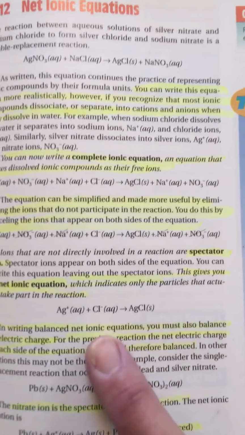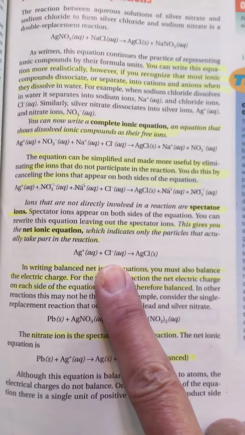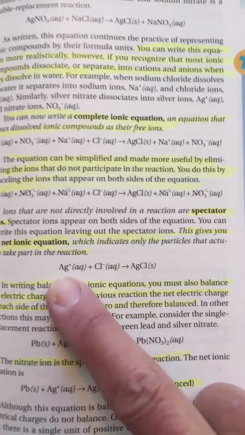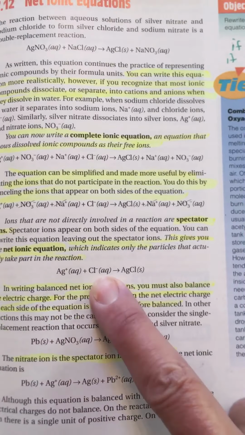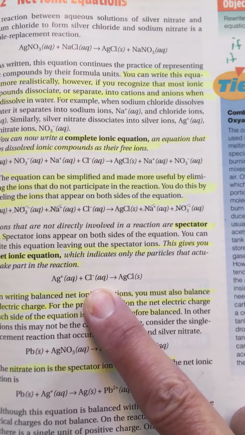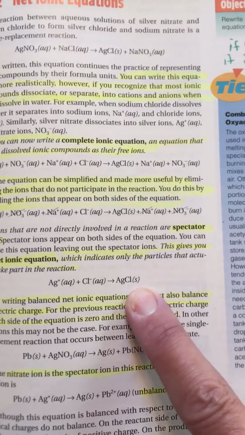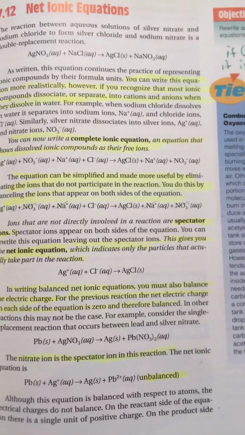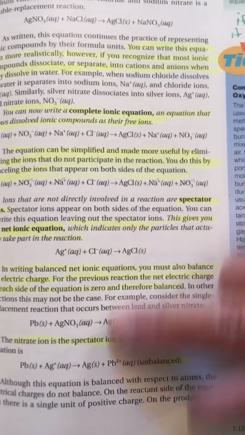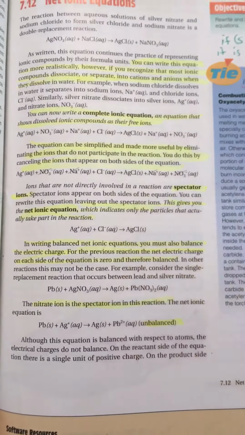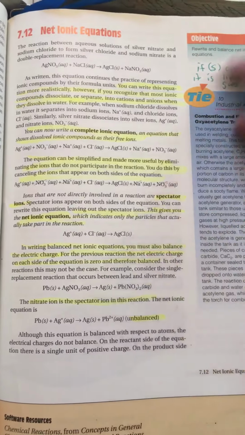We can mark them out, and what we will have left is a net ionic equation. It's what's really happening. The silver ions get together with the chloride ions and make the solid precipitate silver chloride. Whether or not these will happen depends on the solubility rules.